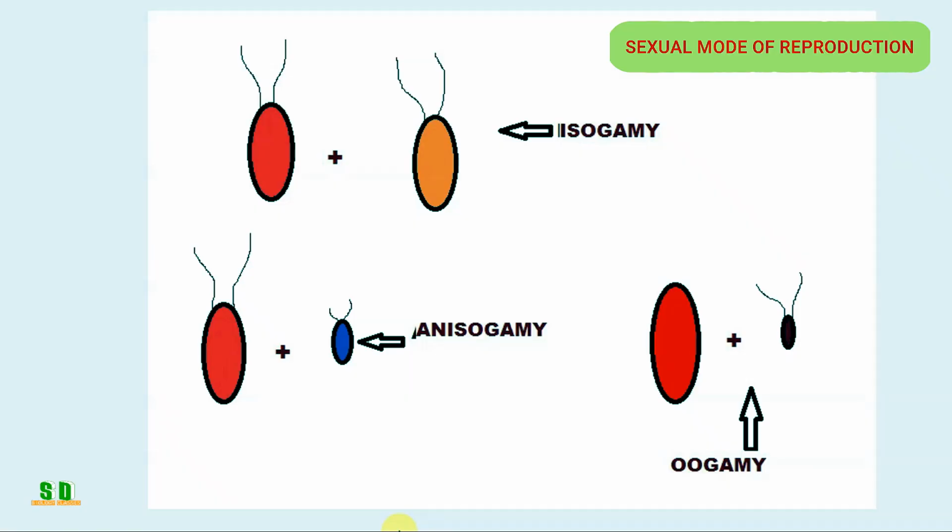Now we will talk about the sexual mode of reproduction. There are three ways by which the members of Chlorophyta reproduce sexually. Those are isogamy or isogamous type, anisogamy or anisogamous type, and oogamy or oogamous type of sexual reproduction. Now we have to know what is isogamy, what is anisogamy, and what is oogamy.